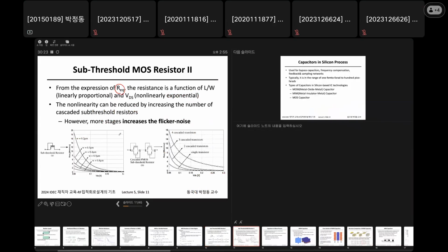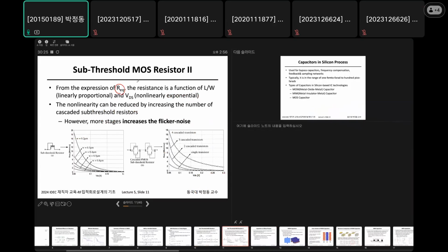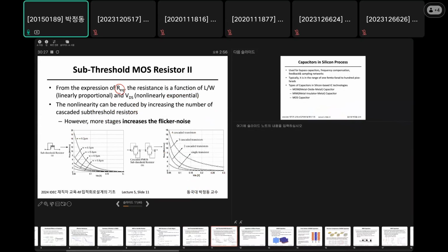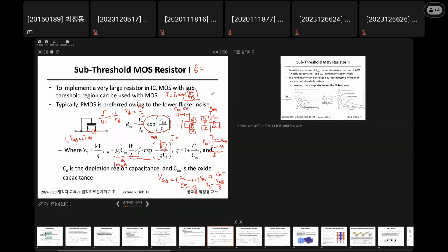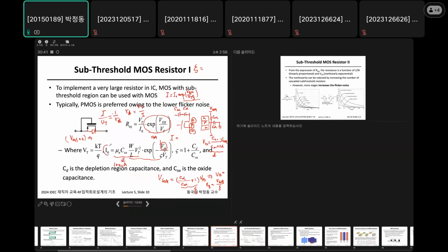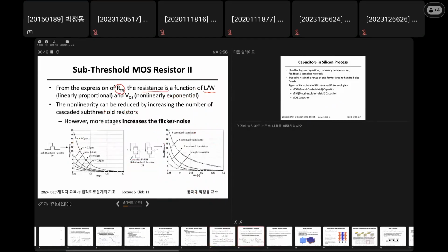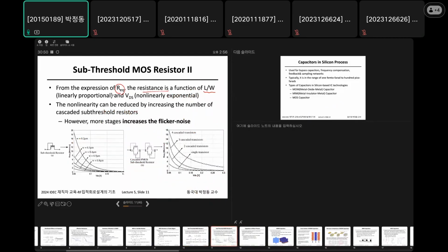From the expression of Req, the resistance is a function of L over W, which is the same as the conventional resistance equation. Here I is W over L, therefore Req is L over W. But notice that Req is also a function of VDS.